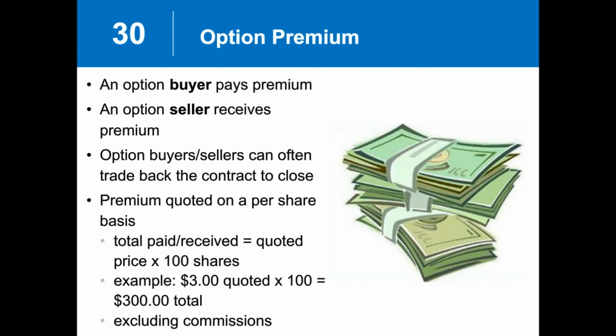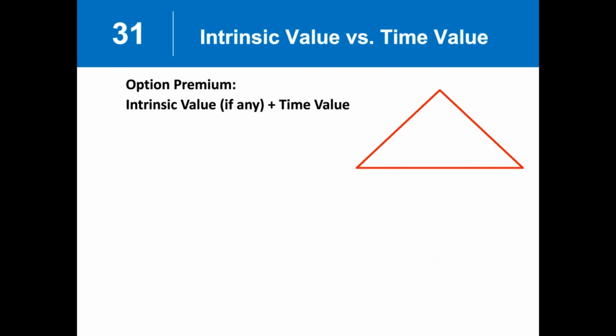Now, option premium is made up of a couple things. This is where things get a little tricky. There's a couple core concepts here, one of which is called intrinsic value. Intrinsic value is simply the difference between the stock price and the strike price. Again, do I want to buy stock for $50 if it's trading at $55 in the market?